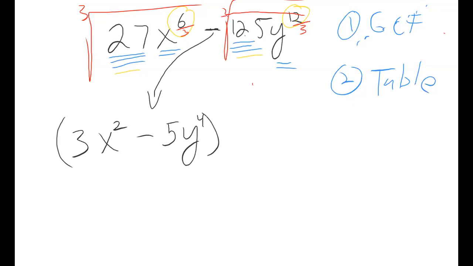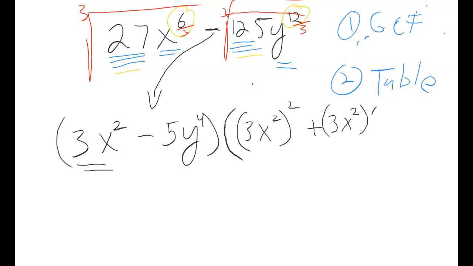Therefore, I have my first grouping according to the formula. So now to find the second grouping, I apply the formula. And the formula said I square the first term, I change the sign, I multiply the 2 terms together, and then I square the last term.